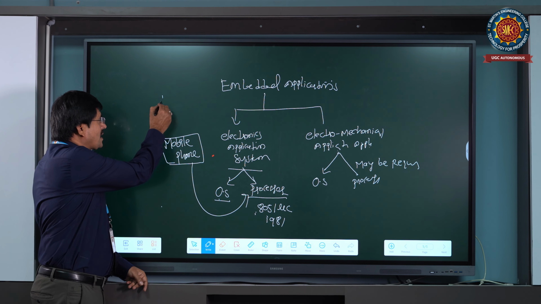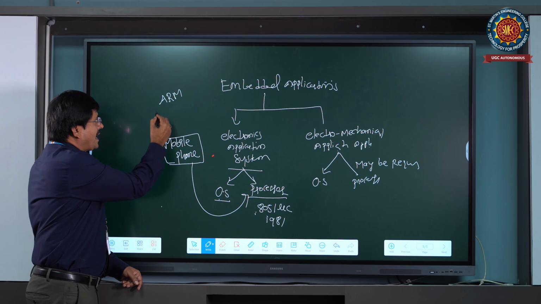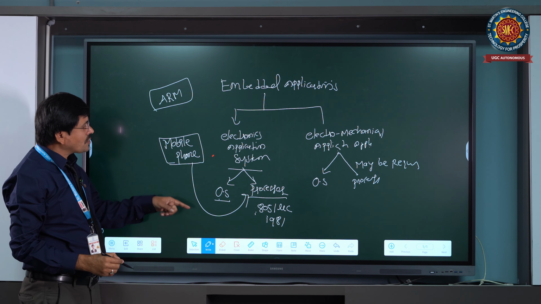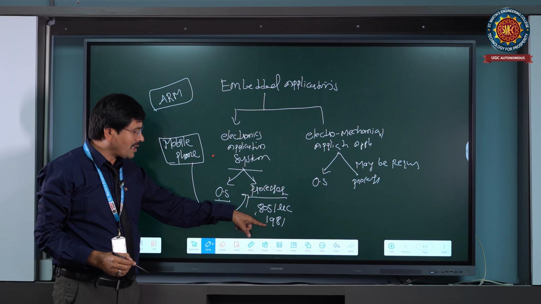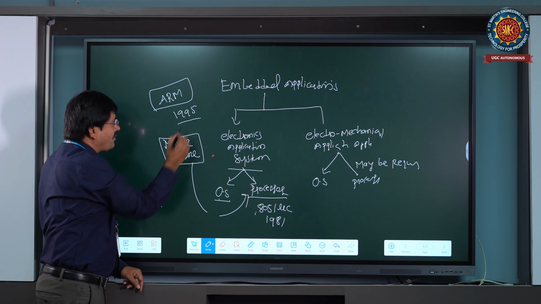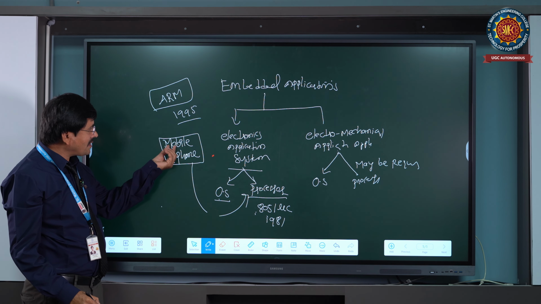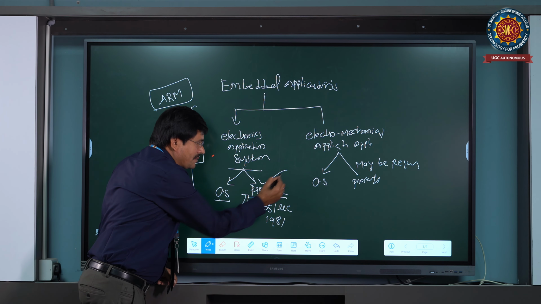ARM is advanced relative to the 8051 microcontroller, and it was introduced in 1995. The important element for the application is the processor only.